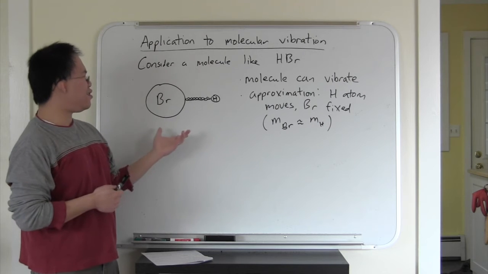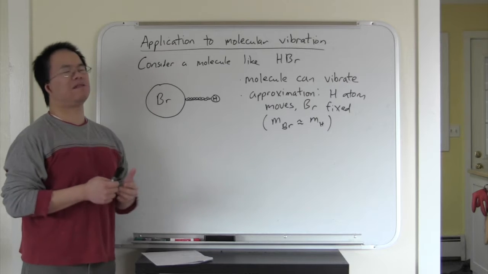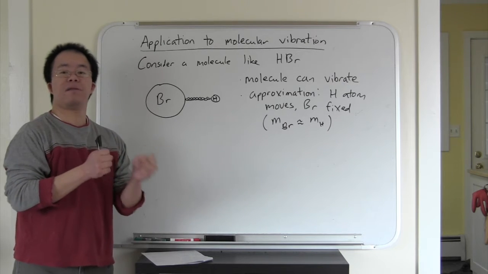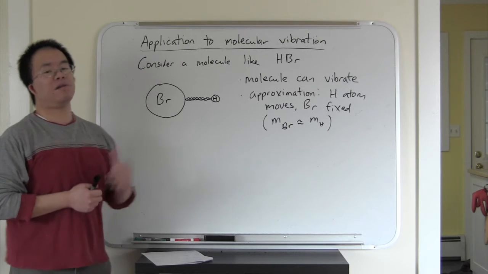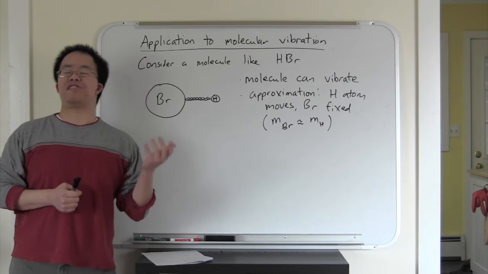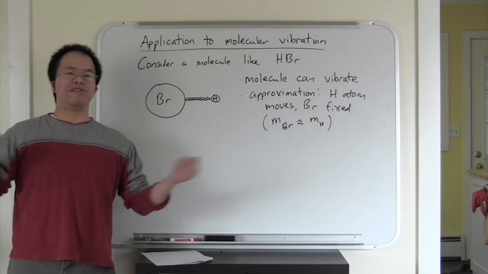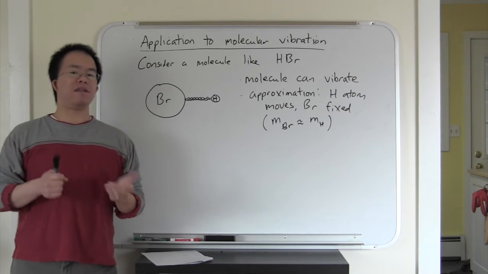The way to generalize this treatment to molecules where the two atoms have similar or equal masses, you'll actually learn in physics 311. There is a way to still reduce this two-body problem to an effective one-body problem.